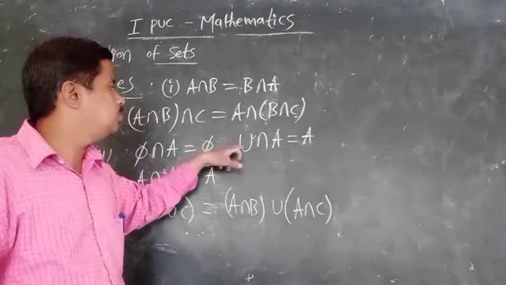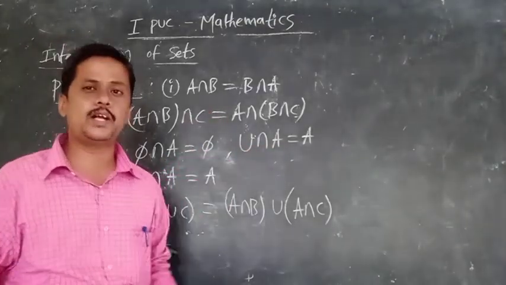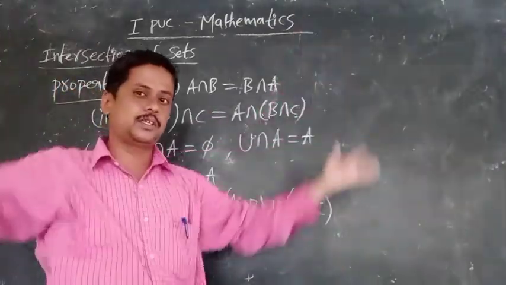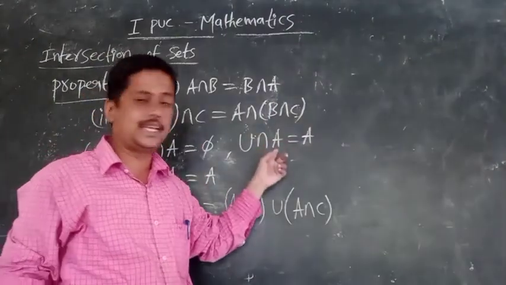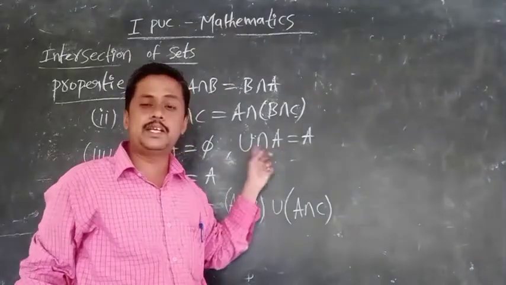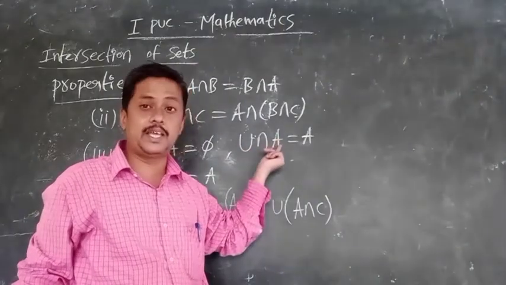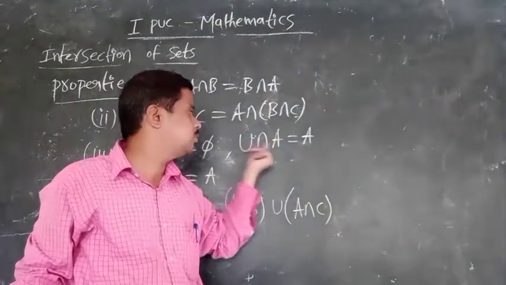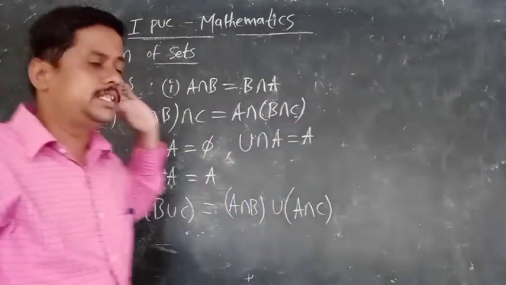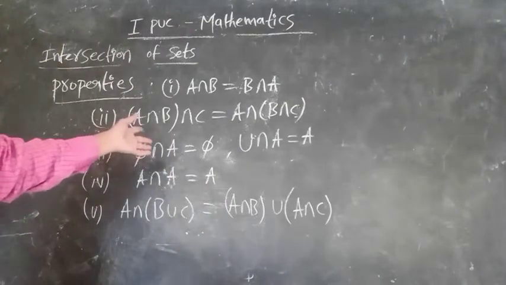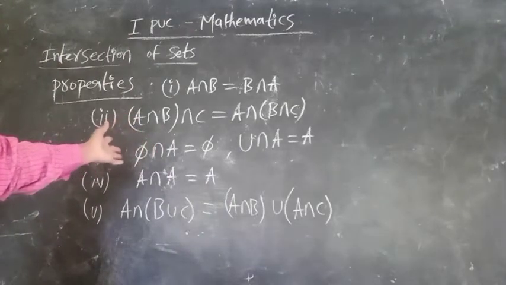Next, U intersection A. U means the universal set, which contains all sets, and A is one of the sets in the universal set. So if we take the intersection of these two, the smaller set is A. A is a subset of U, therefore A is the answer. Understand? This property is called the property of phi and U.